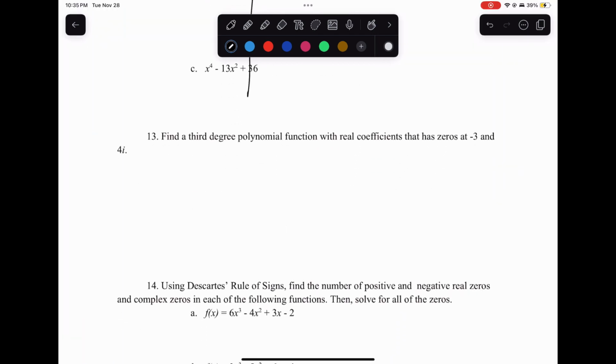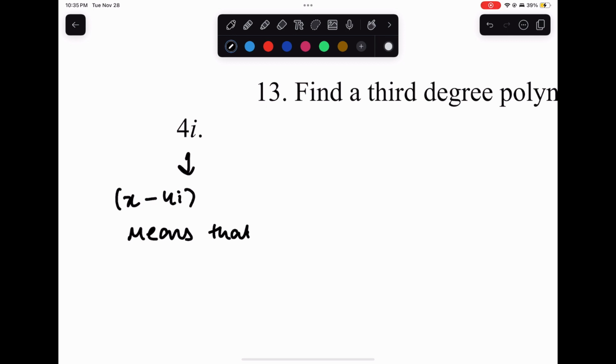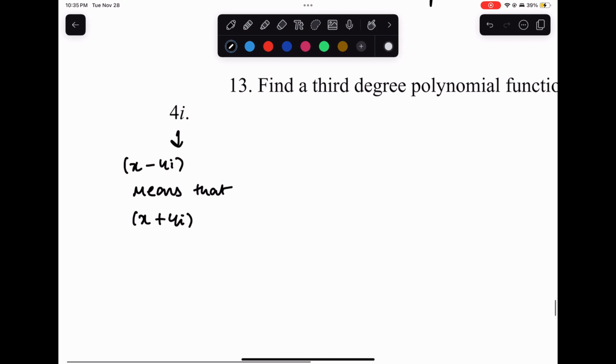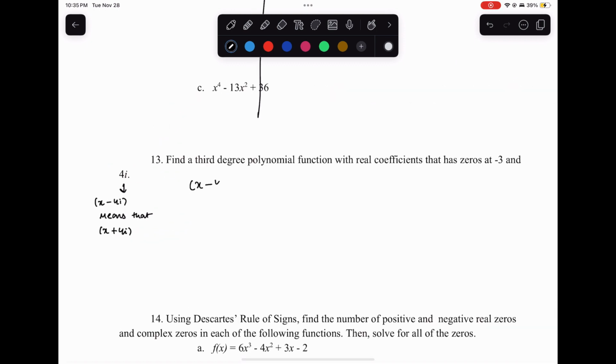Okay, so now let's find a polynomial function given its roots. So if something has a root at 4i, it also has to have a root at negative 4i. So that is also a factor. x plus 4i is also a factor. Then you could multiply x minus 4i by x plus 4i to get x squared plus 16.